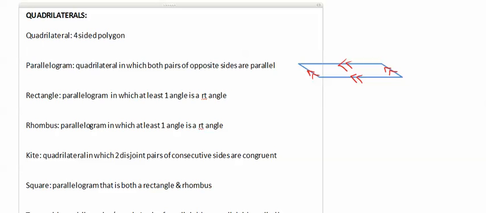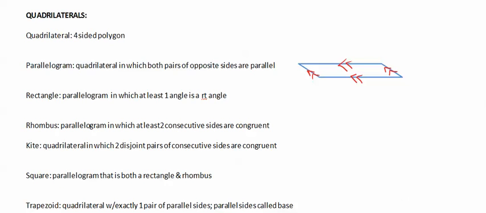So if you just establish one right angle, and if you establish a parallelogram, then it will indeed be a rectangle. The next one is a rhombus, and a rhombus is a parallelogram in which at least one angle is a right angle. Nope, sorry, that was the rectangle.